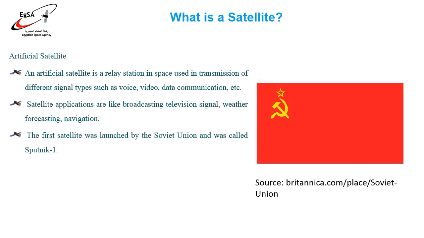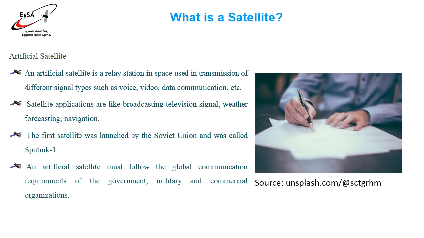The first satellite was launched by the Soviet Union and was called Sputnik 1. An artificial satellite must follow the global communication requirements of the government, military, and commercial organizations. Please bear in mind that throughout the rest of the course, we will refer to artificial satellites as satellites.